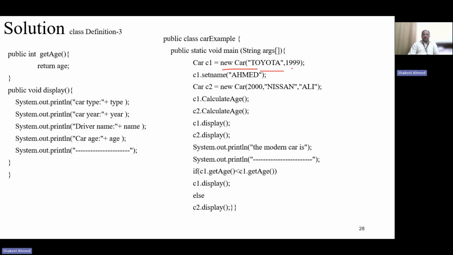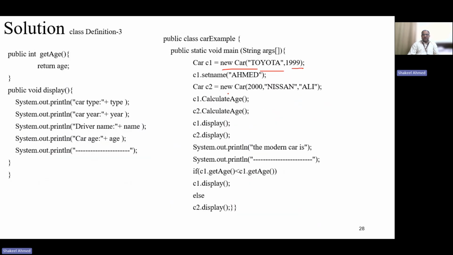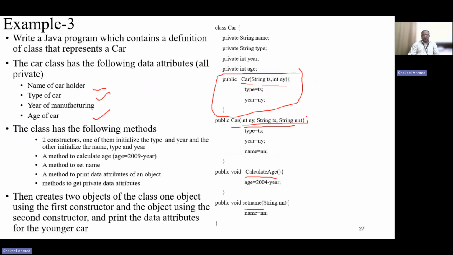When you pass two arguments, Toyota and 1999, this constructor will be called. When you create an instance reference with three arguments, the constructor for three arguments will be called. Whenever you call a method, you call it with the object reference.